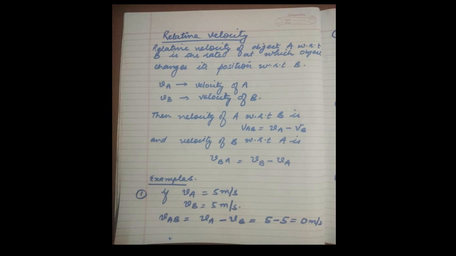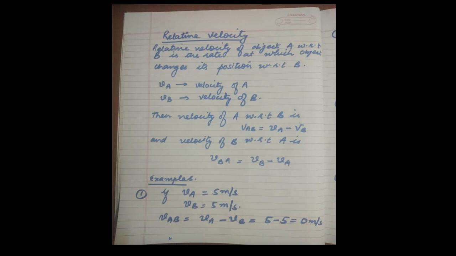Then obviously the driver of car A is able to see the driver of car B continuously, meaning car B is not changing its position with respect to car A, and the same is the case with the driver of B. Or we can say the distance between the two cars is remaining constant. There is no rate at which the cars are separating or coming closer to each other.